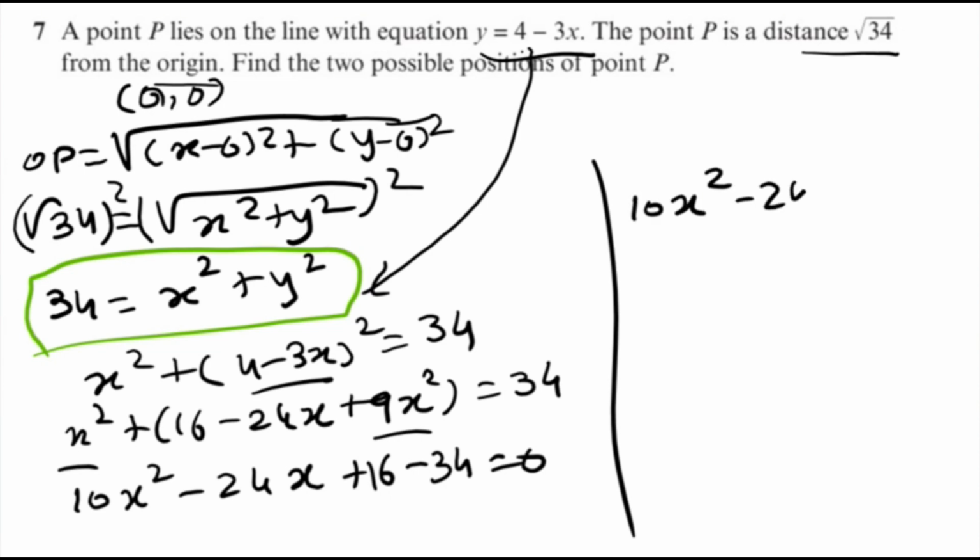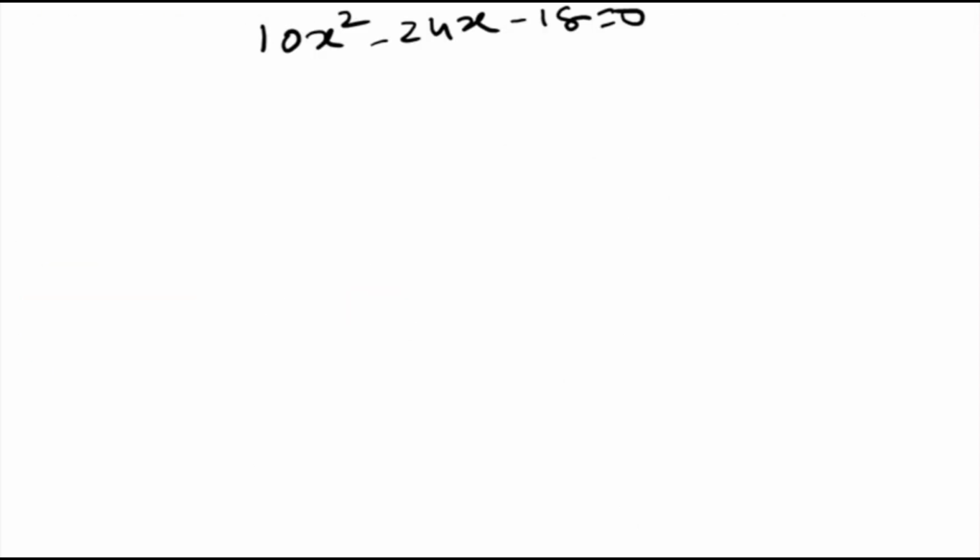So we will get 10x squared minus 24x minus 18 is equal to 0. Now to find the value of x, we have to factorize it. For factorizing, the easy way is to use the quadratic formula. So my a is equal to 10, my b is equal to minus 24, and my c is equal to minus 18.